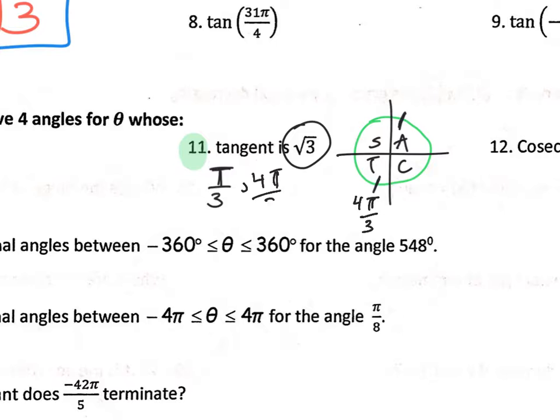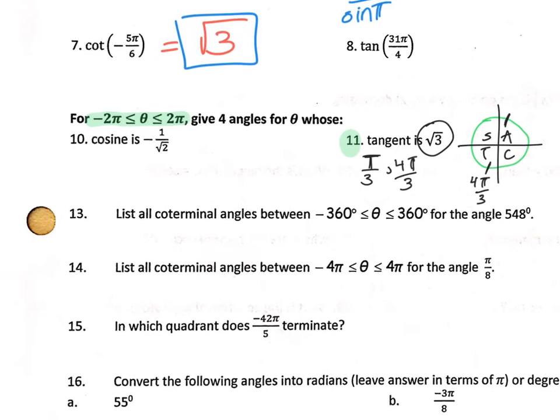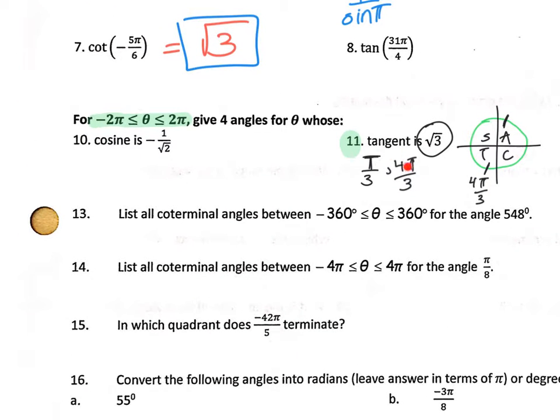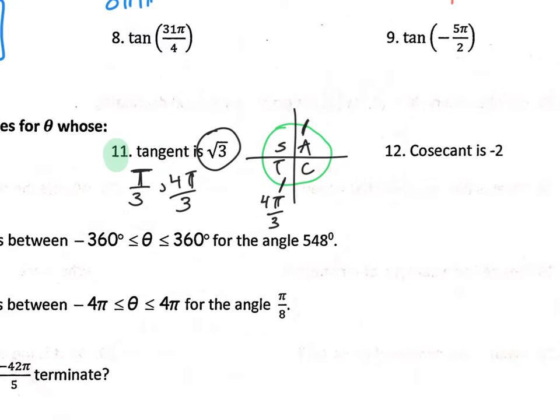Now, since they limited me to between negative 2 pi and 2 pi, I cannot use coterminal angles, because if I add 2 pi to either one of them, I'm going to be outside the domain they give me for my angle. So I need to take those angles and measure them in the negative direction.